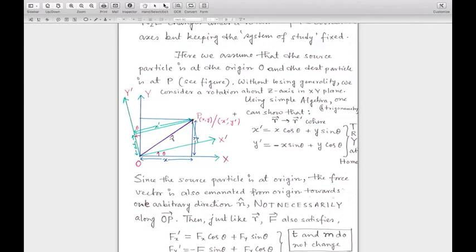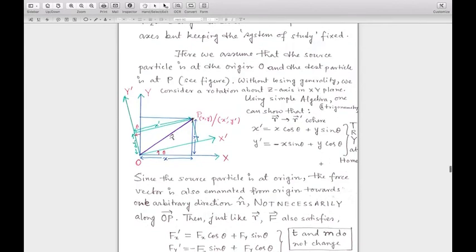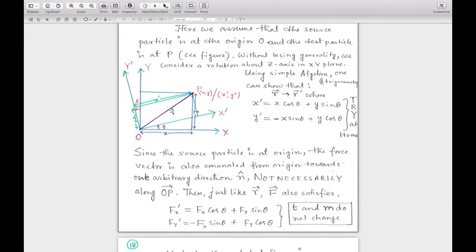In the new system they are respectively x' and y'. By using simple trigonometry you can show that they are related by this relation. You can try this at home. This is a very basic exercise. I hope all of you have done this in high school.